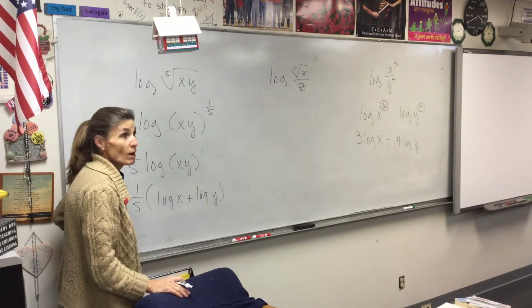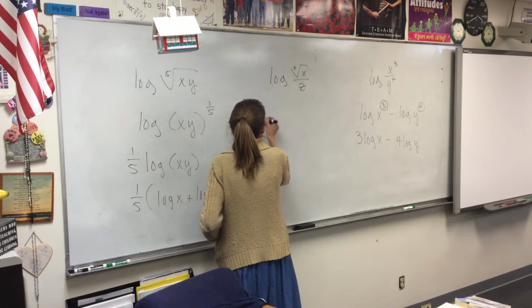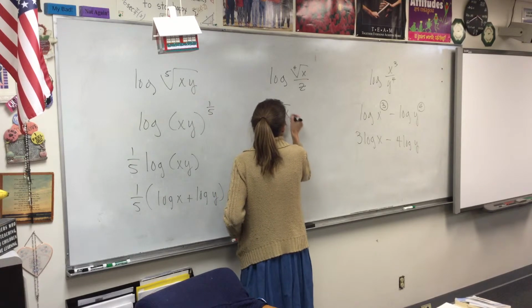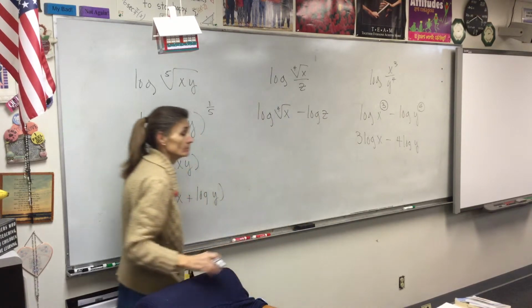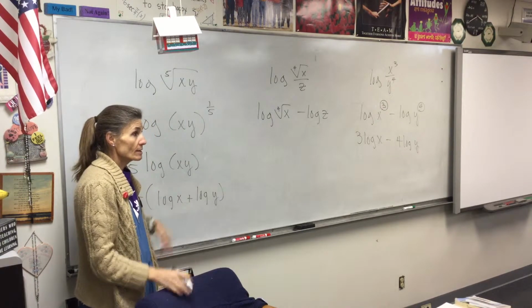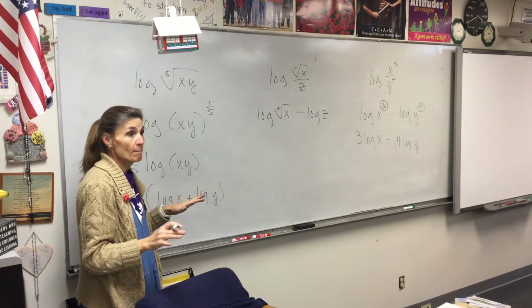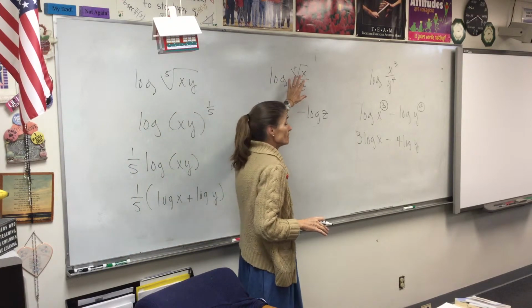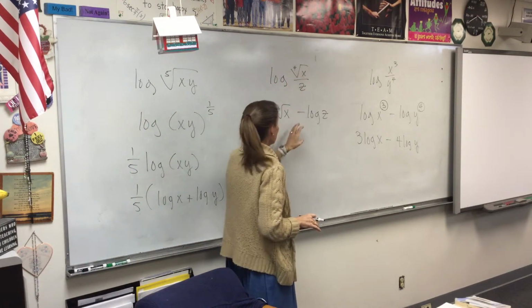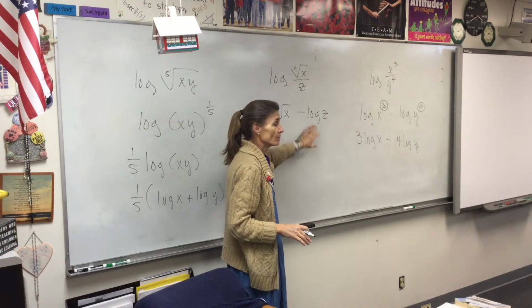There's going to be a subtraction in there because it's a division problem. So we're going to have this minus this. So this is step 1. Okay, so let's make sure everybody's got the first step. You've got the log of the fraction. So it's the log of the top minus the log of the bottom.